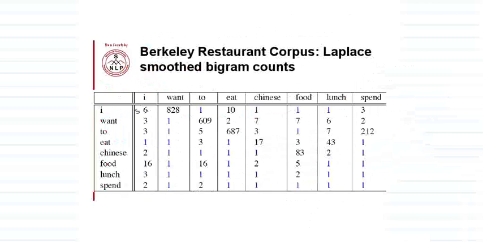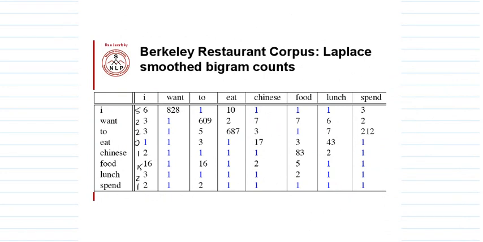Initially we had 5 2 2 0 1 15 2 1, so we assume that each bigram is occurring once more. So this 5 plus 1 becomes 6, want I becomes 2 plus 1 as 3. Similarly, eat and I as a bigram was initially not present in the corpus. By assuming that each bigram is appearing at least once, those bigrams that have not appeared in the data will appear once.